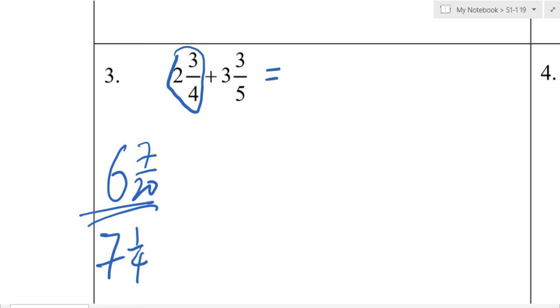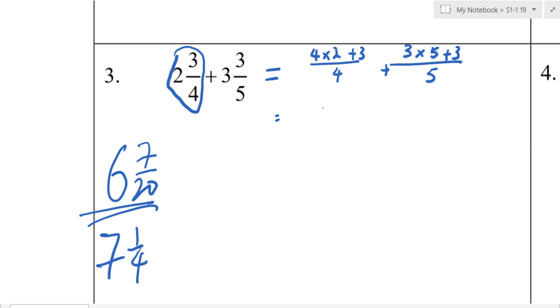Very simple. To change to an improper fraction, you take 4 times 2, then you plus 3 over 4. Okay? So Kylie, can you help me with the next one? 3 times 5 plus 3 over 5.